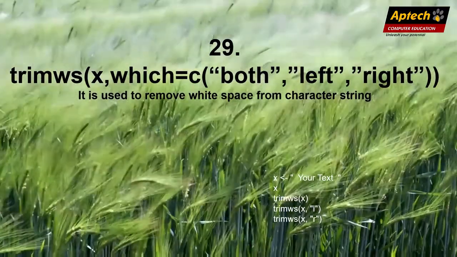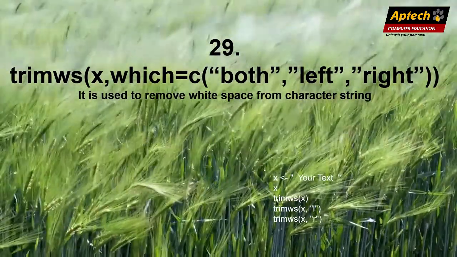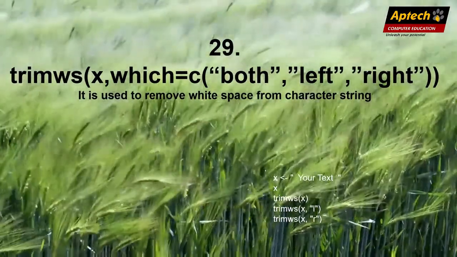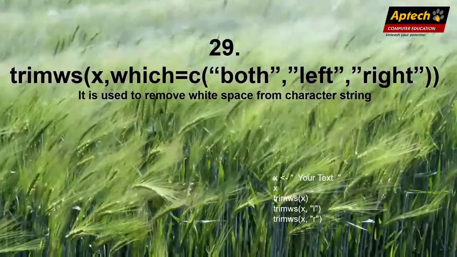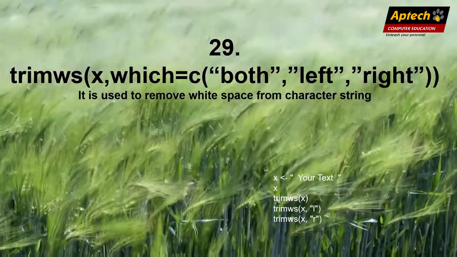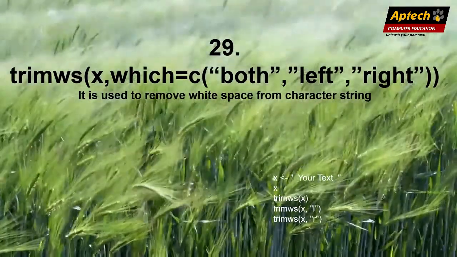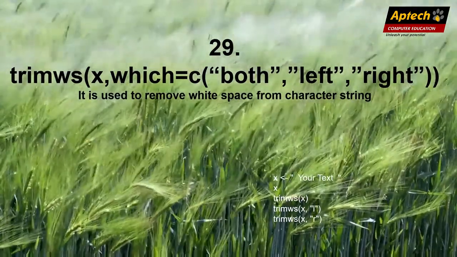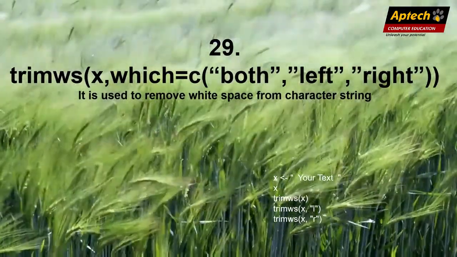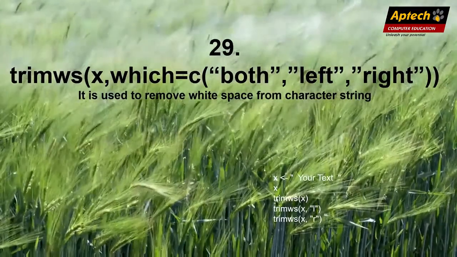Again, another example is the trimws function. It is used to remove the white spaces from the character string. In this example I have initialized a text starting with a space and ending with a space to x, and I'm trimming these white spaces using trimws. It will remove white space from the left side, the right side, and inside also.